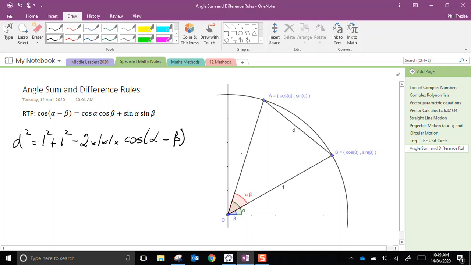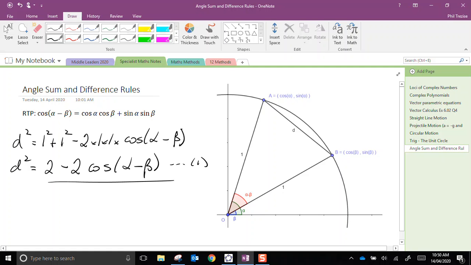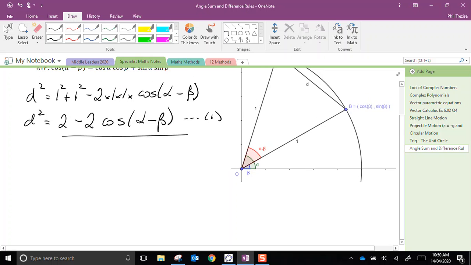That's where I'm going to get the left-hand side of my proof. So I've got here d squared equals, let's simplify, that's 2 minus 2 cosine alpha take beta. And let's call that equation 1. We'll be coming back to that one in a little while.